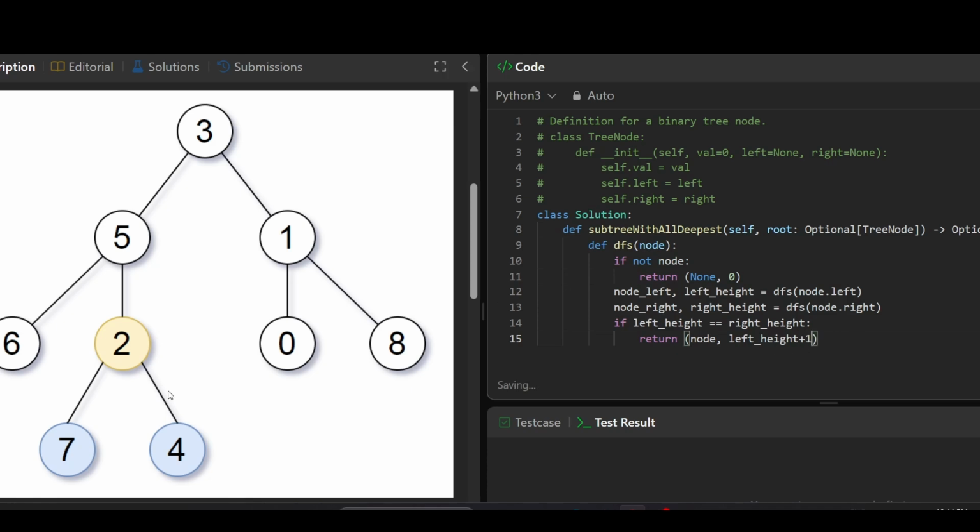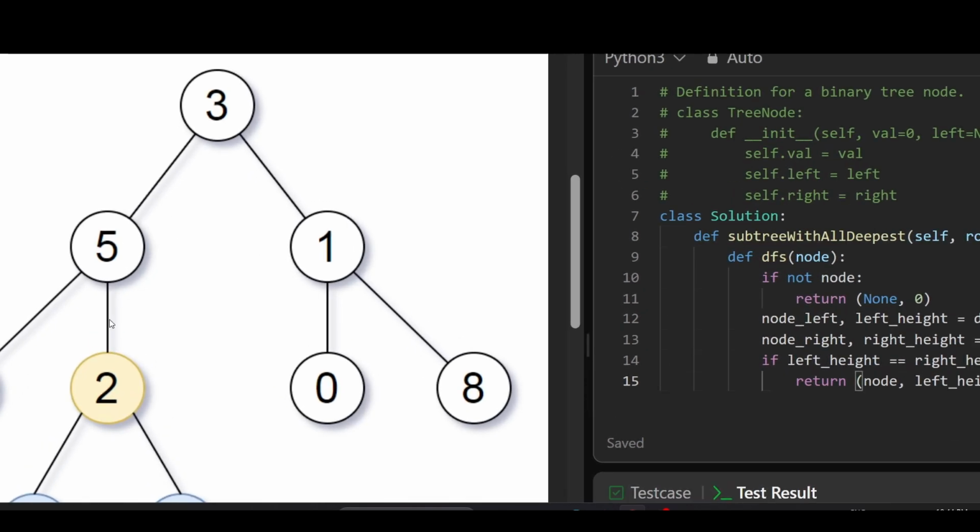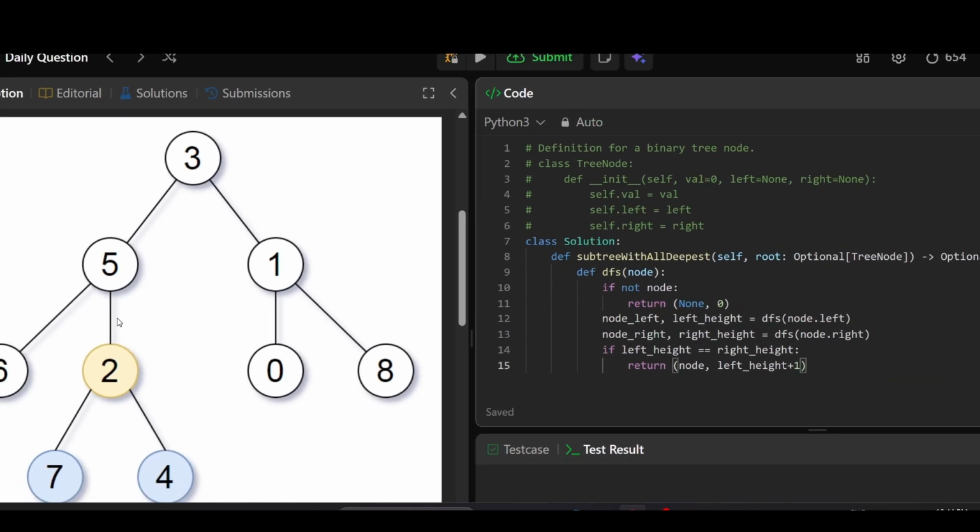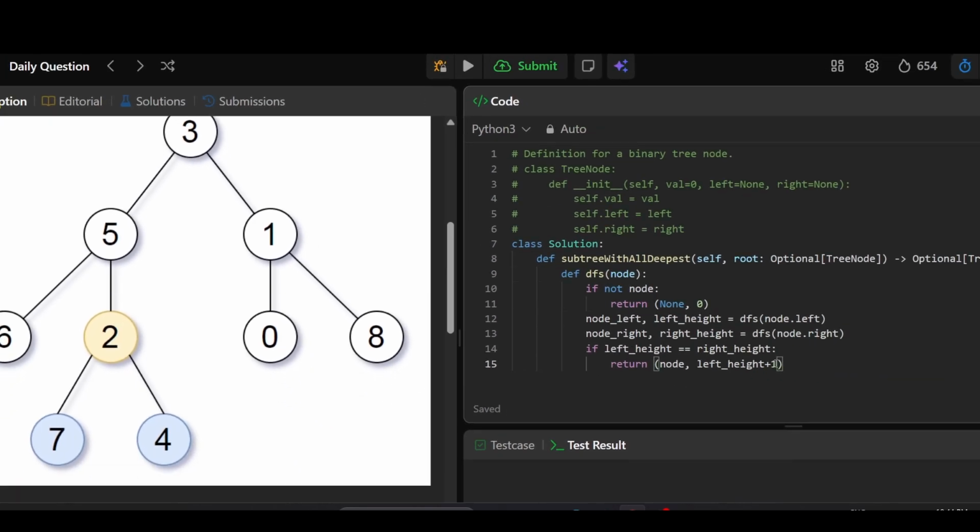Now, why do we need plus 1 here? Because when you're returning back to the previous recursion step, the height increases by 1. So you're always trying to send back one height more than the current height. In this case, both left and right height are the same, so I'm just using the left height here.